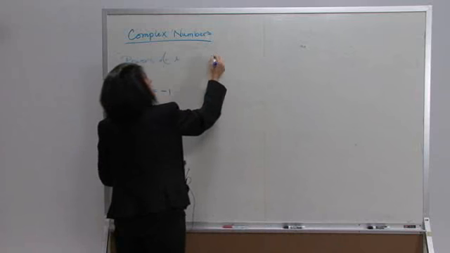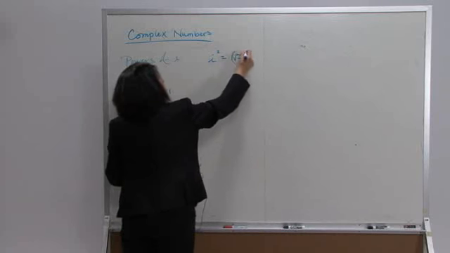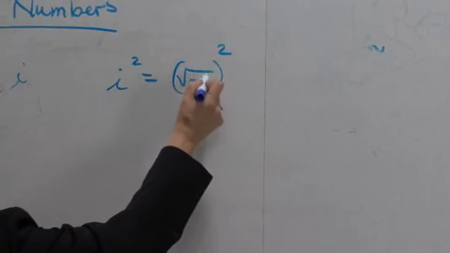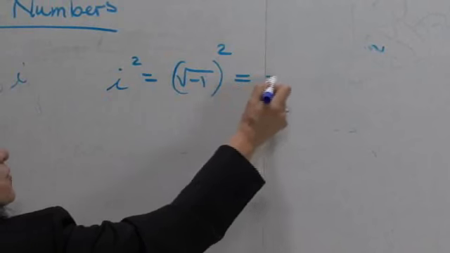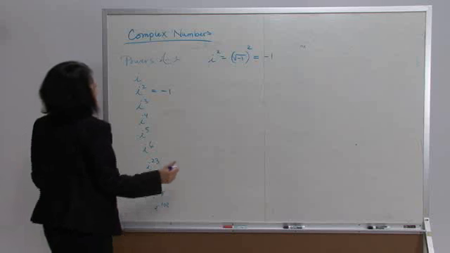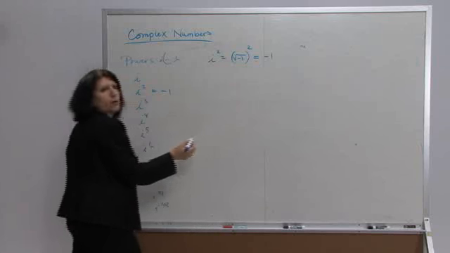I'm going to go back here. I say i squared is the square root of -1 all squared. And you know when you square a number, you get what's under the radical. So that's going to give you a -1. So maybe this makes it simpler. So i squared is -1. So i squared is a real number.